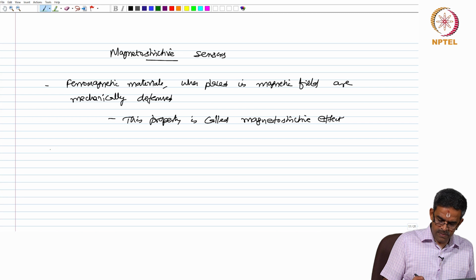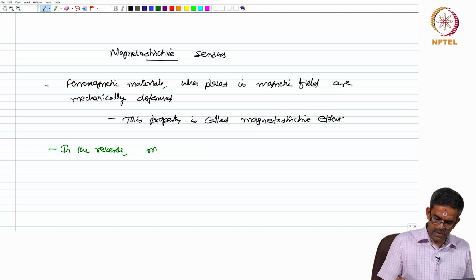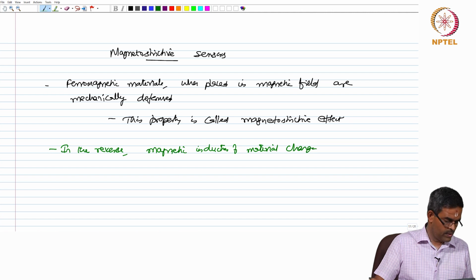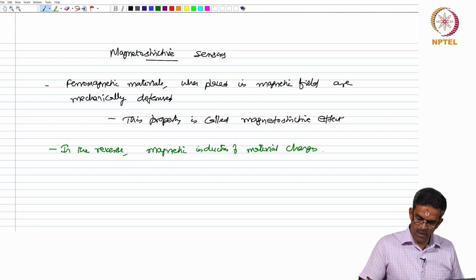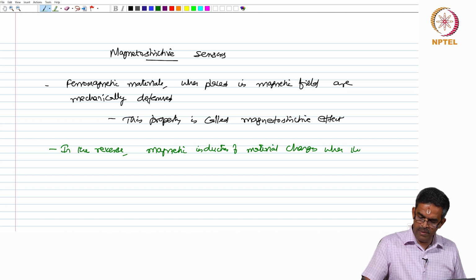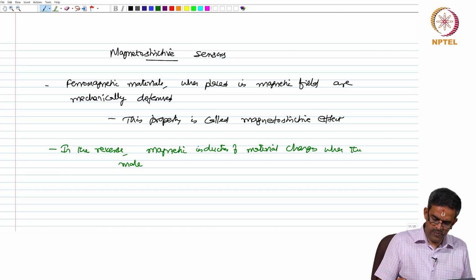In the reverse, magnetic induction of material changes when the material is mechanically deformed.